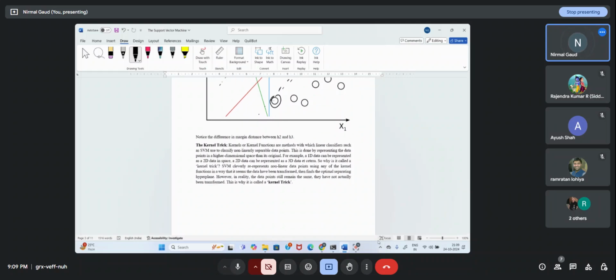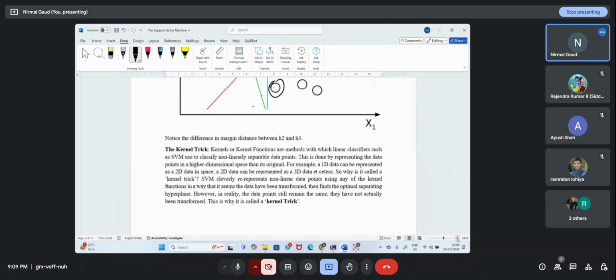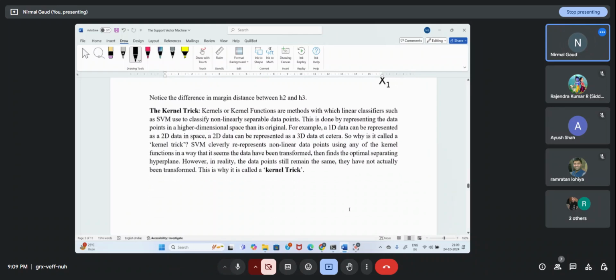Kernel trick. As I explained, we are not going into detail in today's class, but I told when you are having complex data distribution, that means the classes are intermixed, in that, SVM uses kernel trick to classify non-linearly separable data.